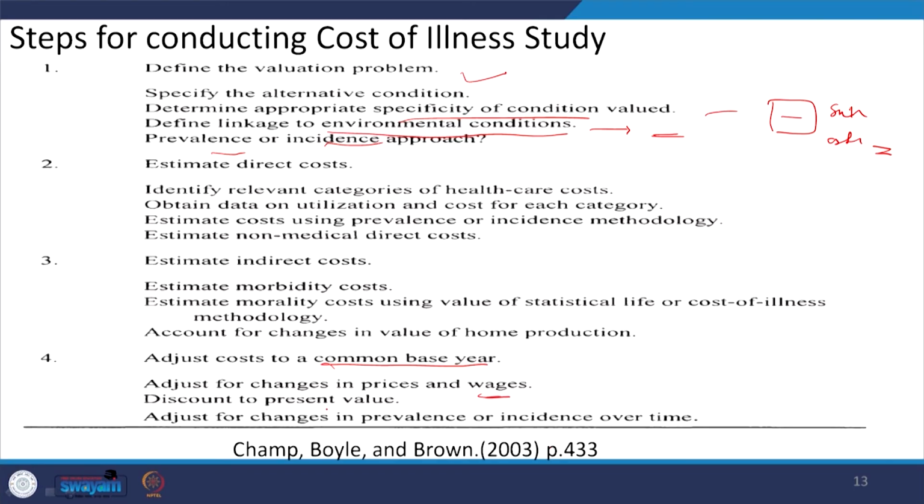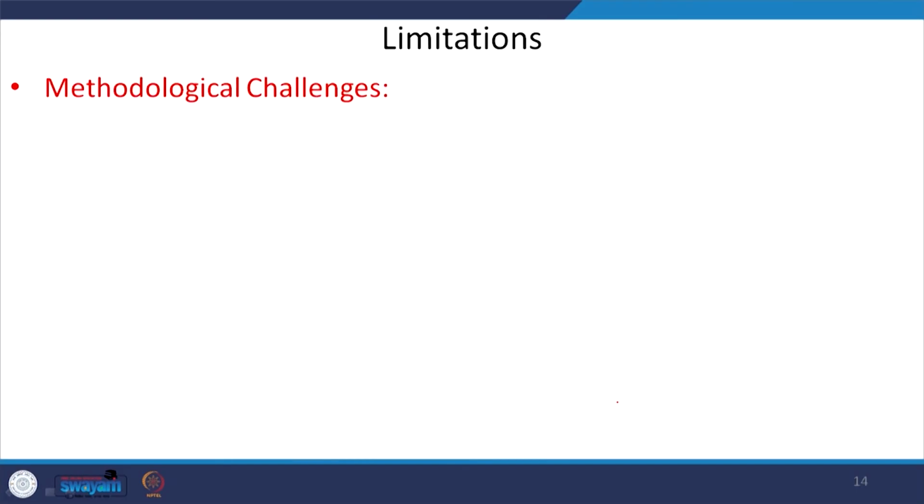We need to discount to present value, because in the future, after the second year, third year, fourth year, you will be getting some utility in terms of cost. Also, we need to adjust for changes in prevalence or incidence over time, as we have discussed in these approaches.